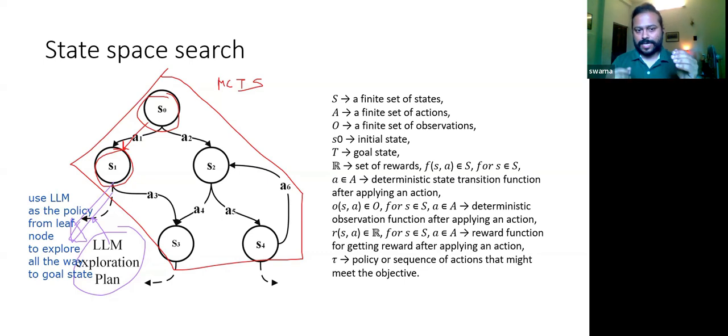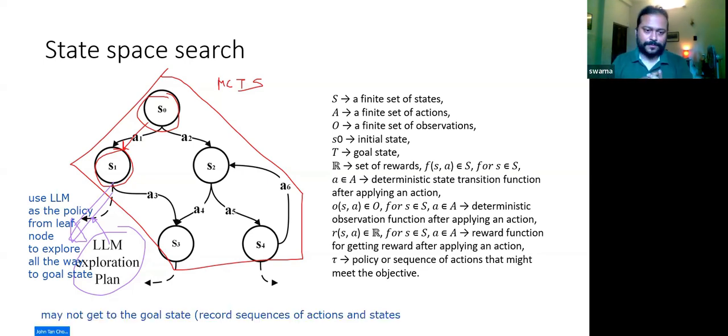And again, those action and state sequences will be used to update the state space graph. So after S1, we'll be getting another set of action state sequences. Those will be used to update the state space graph. And since this is a graph and not a tree, there can be an overlap.